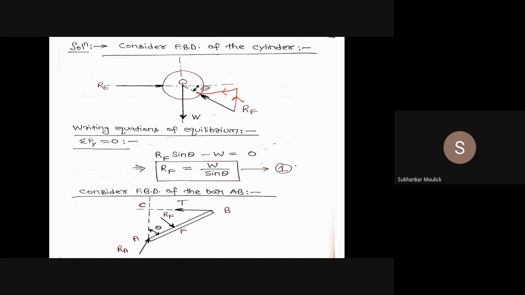If this is RF and this angle is theta, then definitely this value will be RF cos theta, and this value will be RF sin theta. And if I take summation Fy equal to 0, I can write RF sin theta minus W equal to 0, or RF is equal to W divided by sin theta. Equation number 1. Any doubt so far till equation number 1?